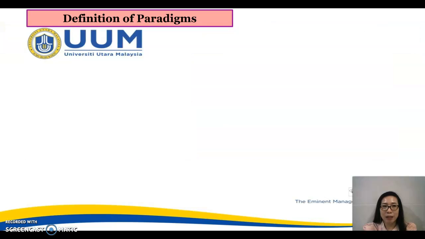Let us look at the definition of paradigms. There are various definitions from different researchers, so here I'm going to present a few of them.